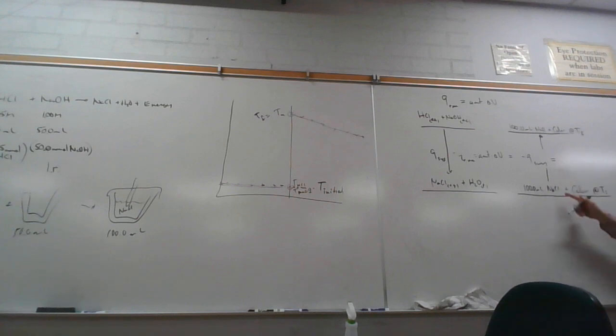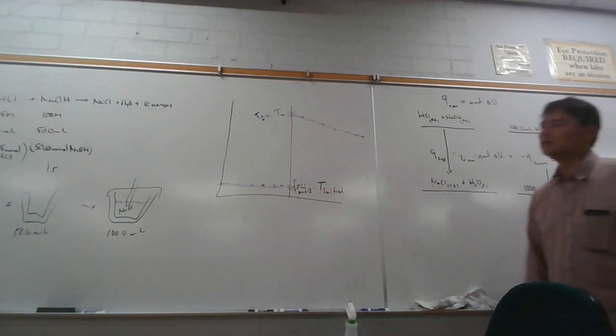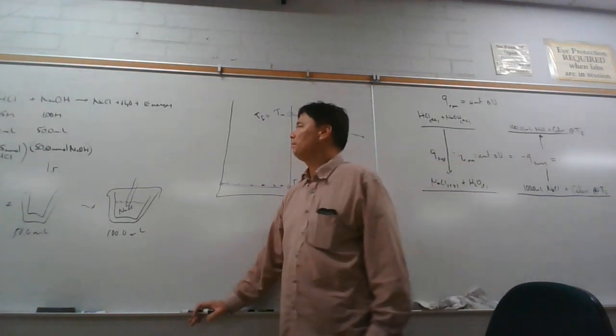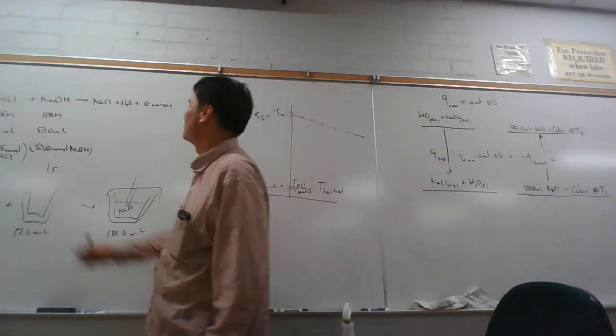We need to know the amount of product solution. We do know it. It's 100.0 milliliters. But do we know the specific heat of the sodium chloride solution? Actually, we could look it up. I could figure out what the molarity is and then look up the specific heat of the sodium chloride. But since it's not that concentrated, it's going to be about 1 molar.